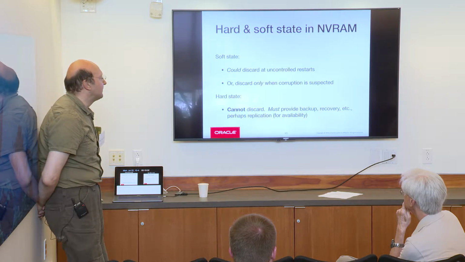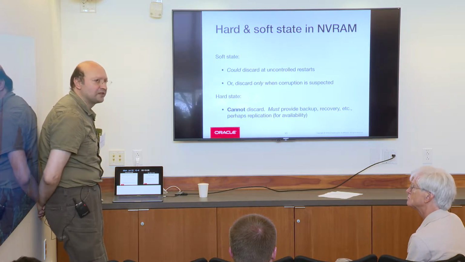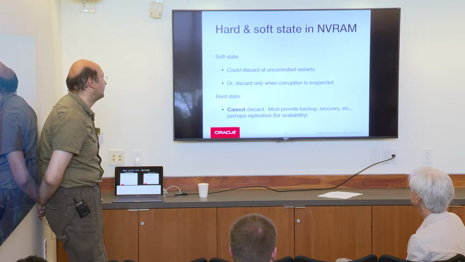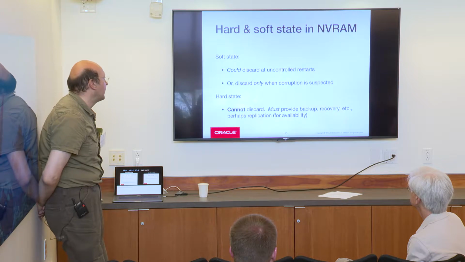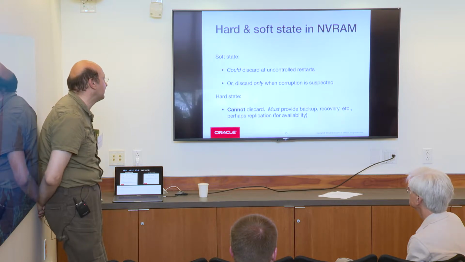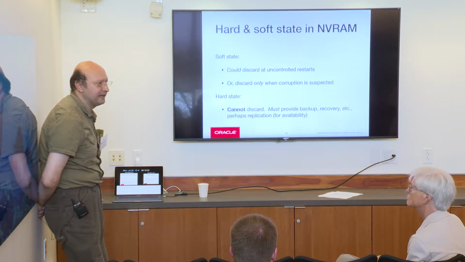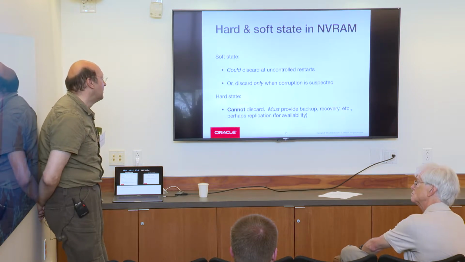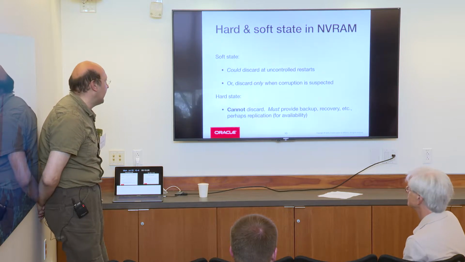So we could do things like discard the soft state at uncontrolled restarts, and we could discard only when corruption is suspected. So soft state is a relatively easy problem to solve, but are we planning to introduce hard state into our persistent memory? We can't discard it, remember, so we have to deal with how to back it up, recover it, etc.